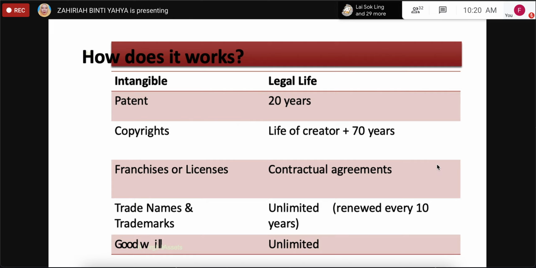Goodwill. Okay. So when you put the return, you have to take into consideration, and please bear in mind, the higher the risk, the higher the return. The higher the rate.